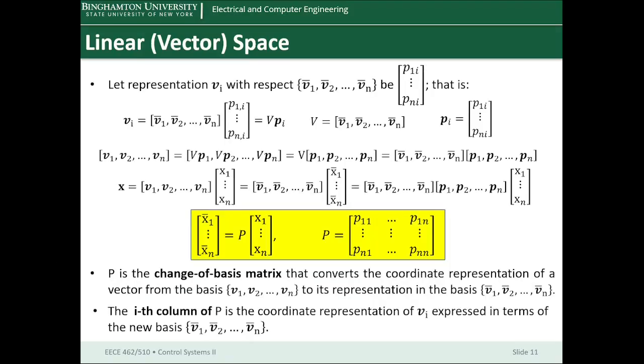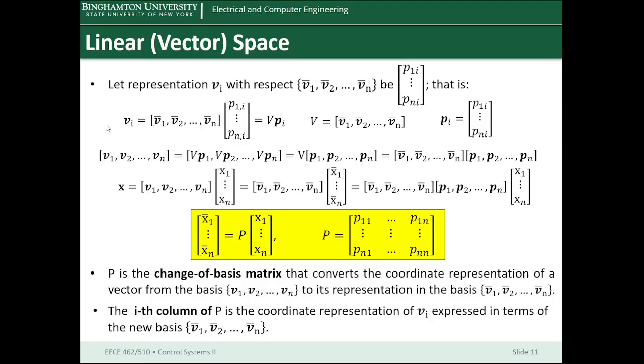To define the change of basis matrix, let's start by expressing each basis vector vi in terms of the new basis v bar 1 to v bar n. So for each vi, we can write its coordinate representation as (P1i, ..., Pni). It's the coordinate representation of vi with respect to v bar 1 to v bar n.